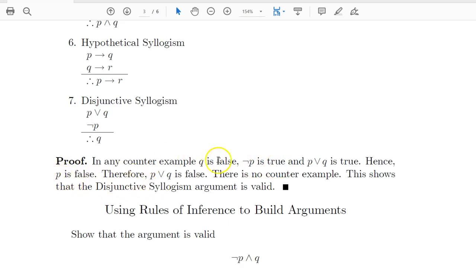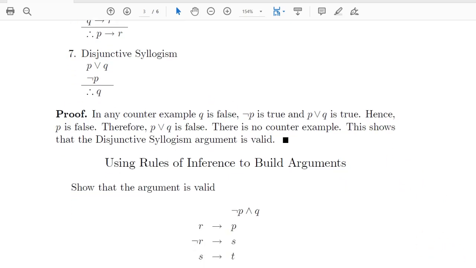Now, Q and P both are false, therefore P or Q is false. So we cannot find a counterexample. Because there is not a counterexample, the disjunctive syllogism is true.